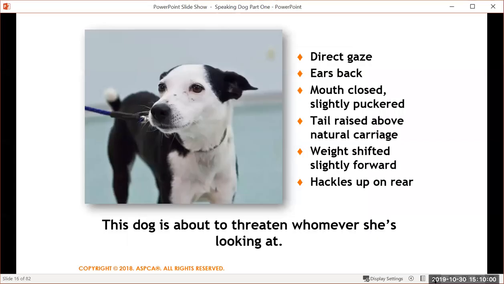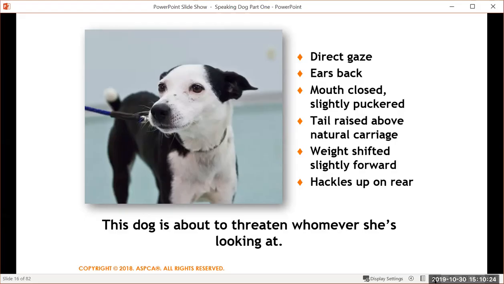Okay, now we have a very different picture. This dog is looking directly at something. His ears are back, mouth is closed, but in this case, there's a little more tenseness there. The mouth looks like it might be slightly puckered. The tail is a little hard to see, but it appears to be raised a little bit.